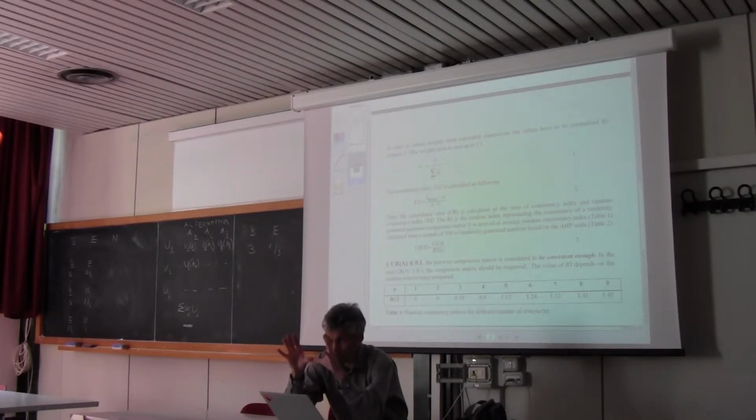On the contrary, if the matrix is not consistent, then lambda max, which is the maximum eigenvalue, is greater than n. The more the matrix is inconsistent, the more lambda max is greater than n, which means that lambda max minus n becomes greater than 0.